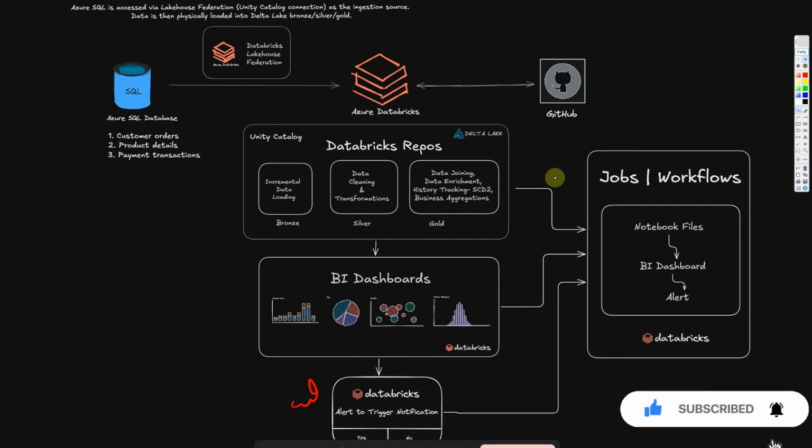Okay, so once we were done with these files creation under Databricks Repos, BI dashboards, triggers, integration with GitHub, then we have implemented jobs. In that job, we have created many tasks. So the first task was for bronze, the second one was for silver, then the third one was for gold.